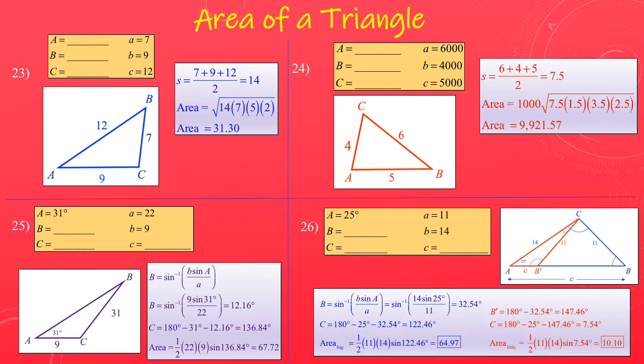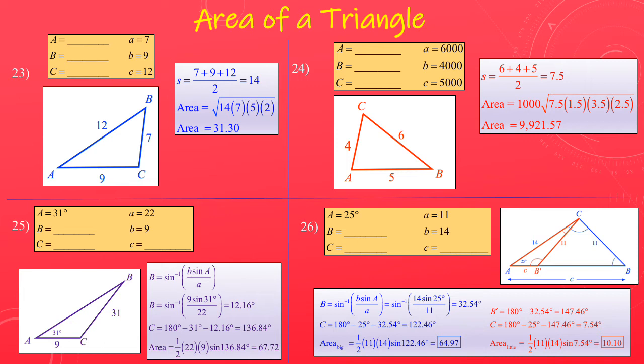Number 26 we did previously as well. Angle A equals 25 degrees, little a equals 11, and little b is equal to 14. The picture is shown, and we see that there are two possible triangles here. So we need to find the area of both. For the big triangle in blue, we start by getting the angle B, which is the inverse sine of b sine A over a, or the inverse sine of 14 sine 25 degrees over 11, getting 32.54 degrees.